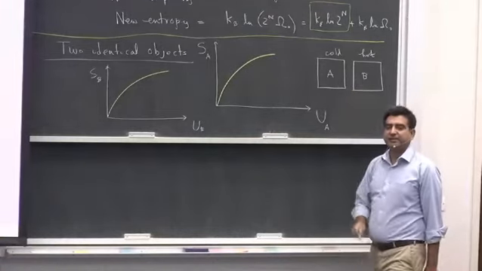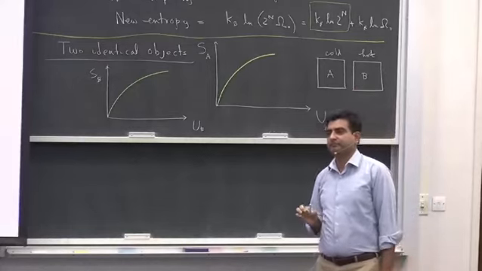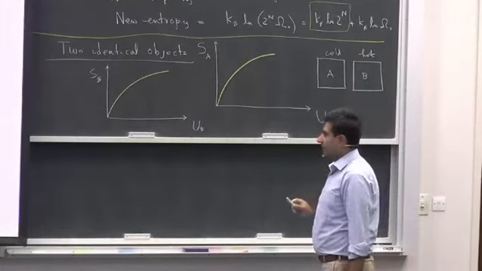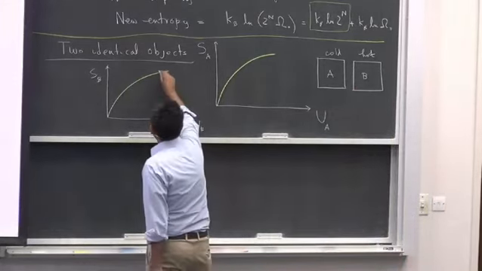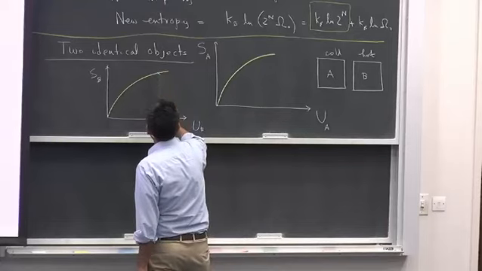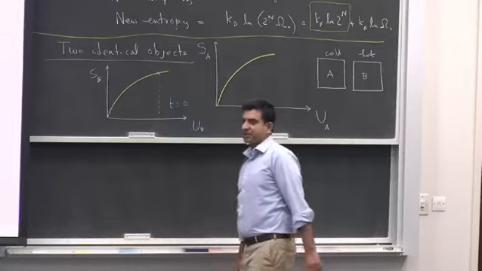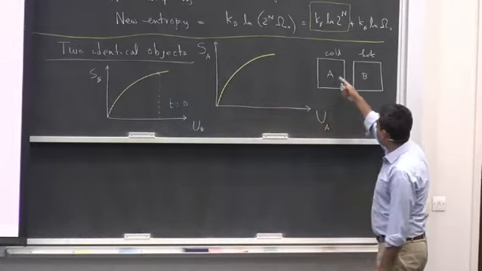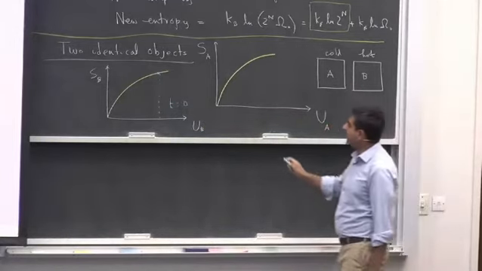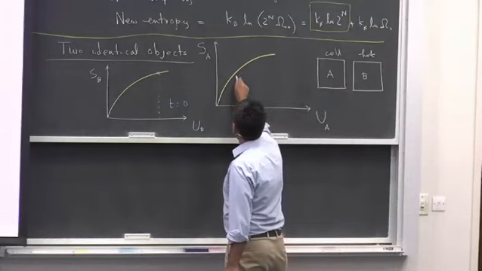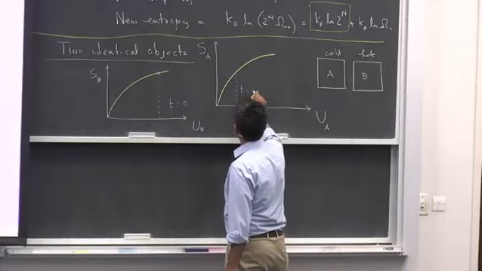Which one of these objects has more energy? B has more energy. So B lies somewhere here on the graph at time 0, before energy exchange has taken place, whereas A has smaller energy. So A lies somewhere here on the graph, at time t equals 0.